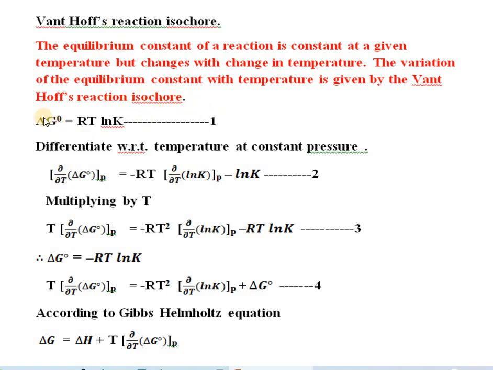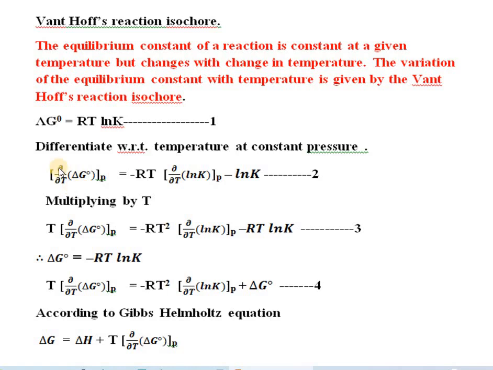You know that the equation of Van't Hoff reaction isotherm is delta G0 is equal to minus RT ln K, equation 1. Differentiate this equation with respect to temperature at constant pressure.